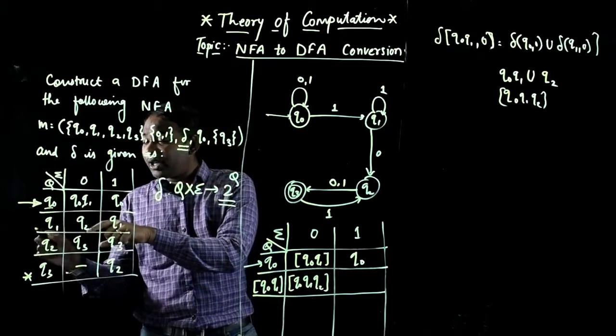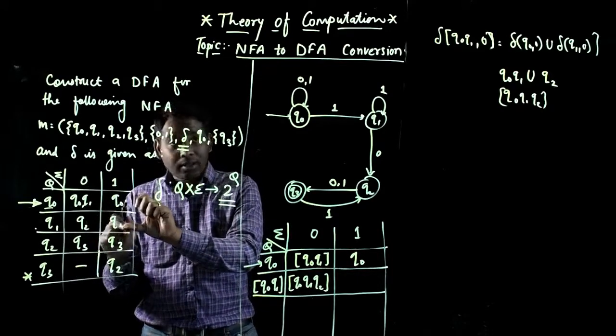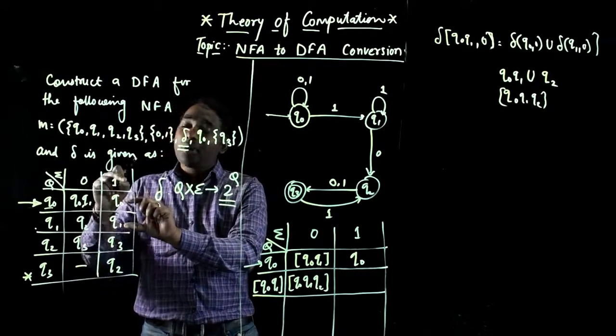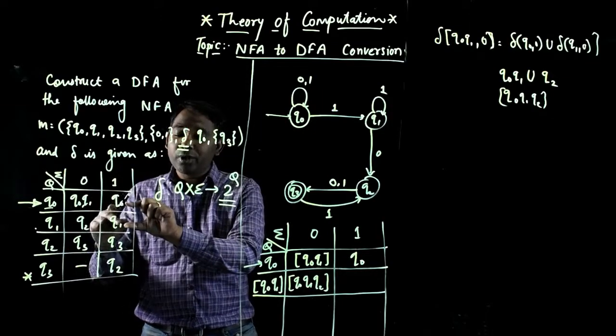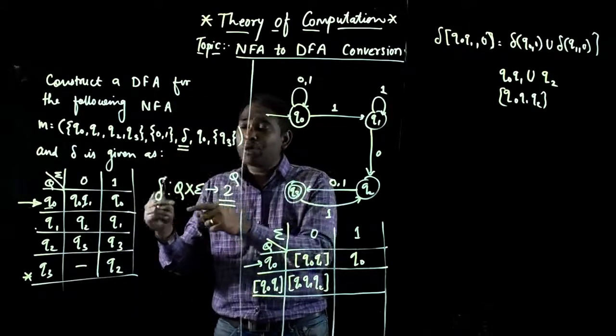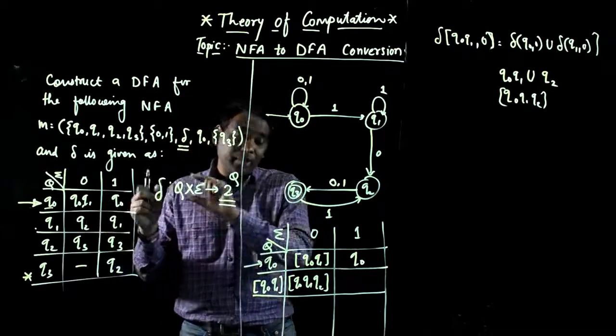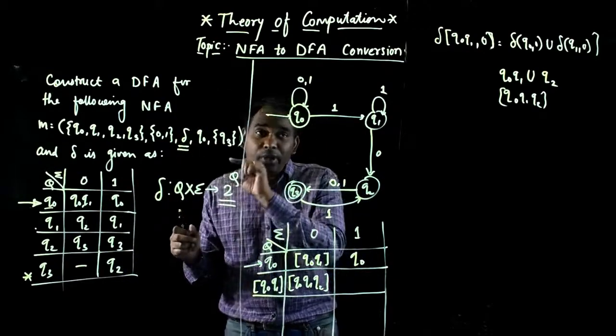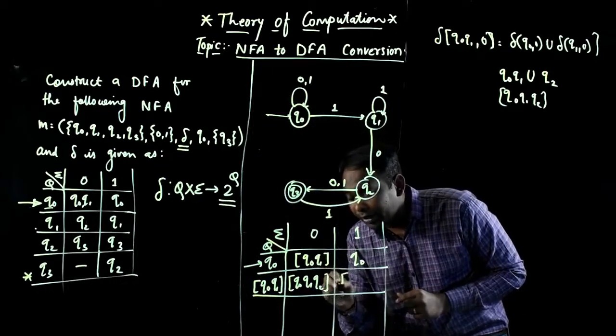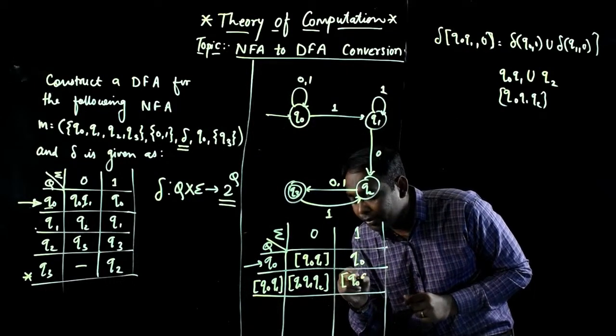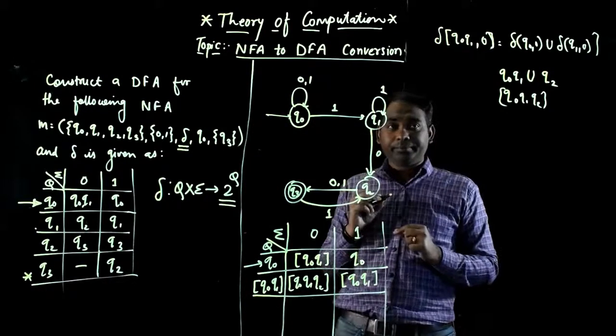So I get two states, and I perform the union operation, Q0 union Q1, to get the new state Q0, Q1. So I write it down directly here, Q0, Q1 on 1.